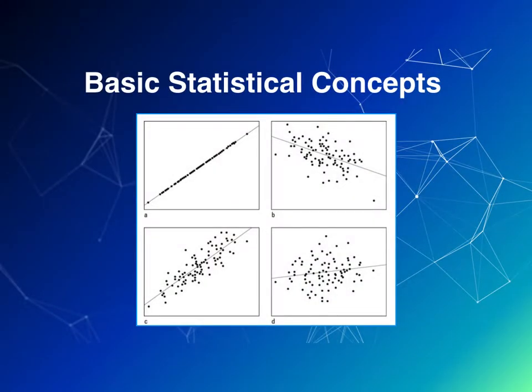So what do plots look like? Scatter plots, you've seen these. Most of you, especially those that have had statistics classes. Here we have 4 plots. The one at the top left, lettered A, shows a correlation of 1.